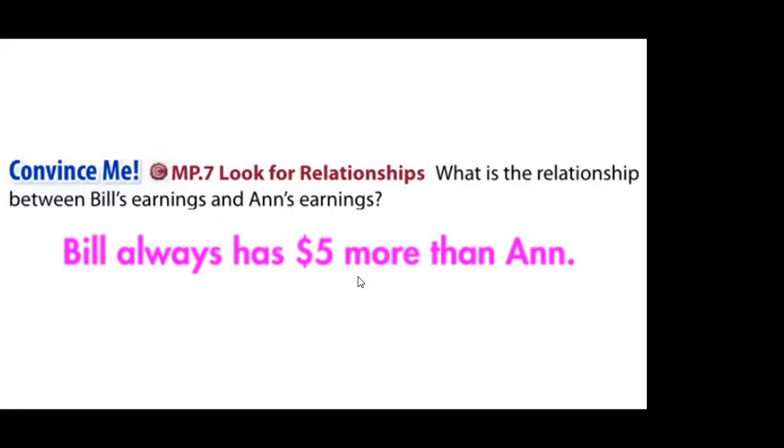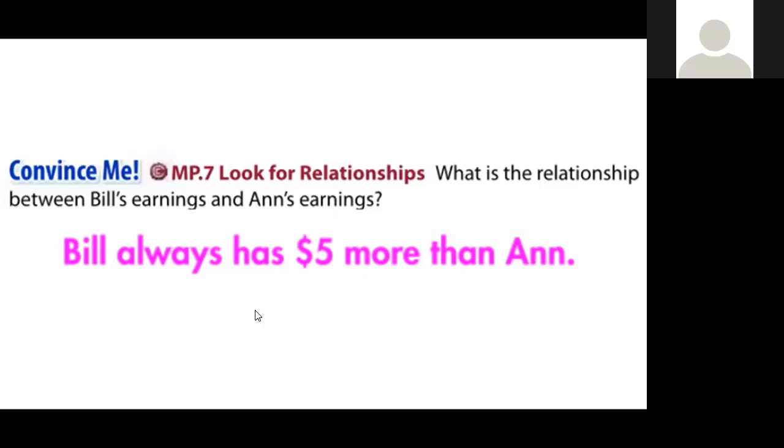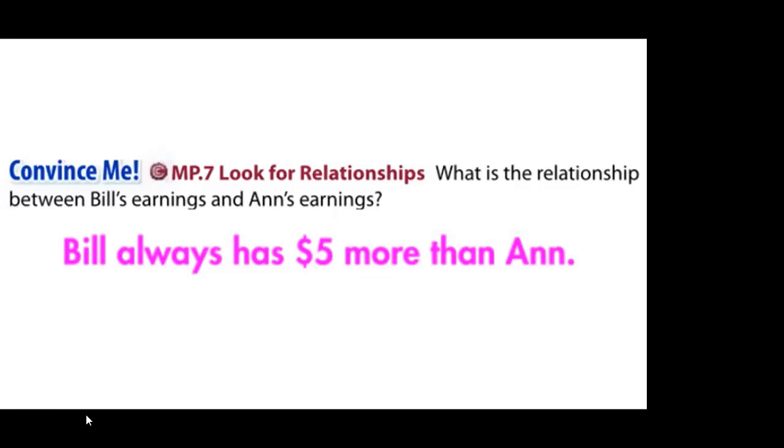No, look at the table, Tahir, and concentrate, please. We said when we start with 0 for Ann, Bill will be 5. So when Ann earned 3, Bill will be 8. Where does 8 come from? 3 plus 5.